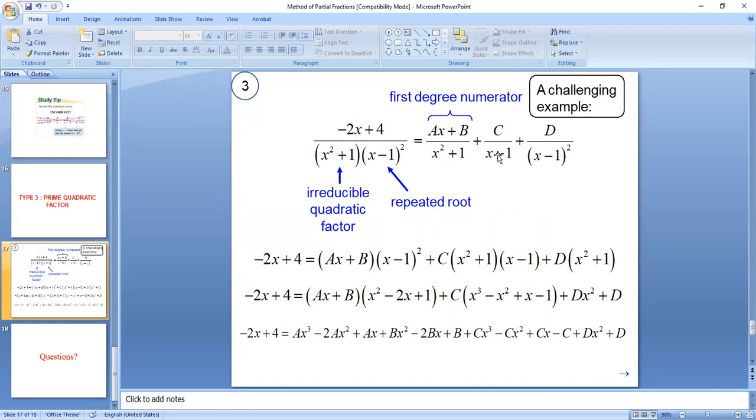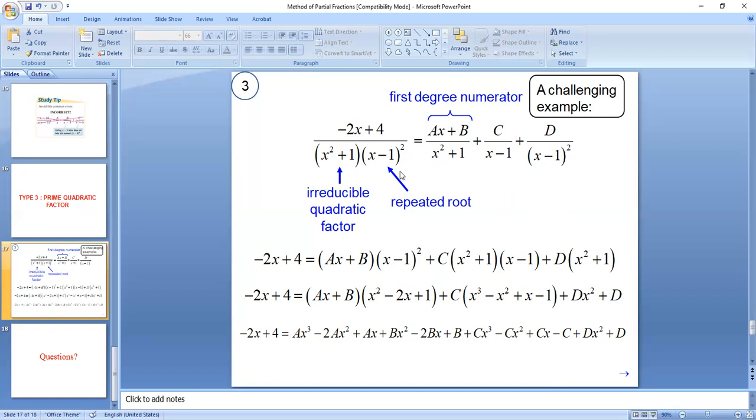It could be, class, that you write these two first. You will have a over x minus 1 plus b over the quantity x minus 1 squared plus cx plus d over x squared plus 1. This one would be written here as your last partial fraction. That's okay. It need not be in this order.